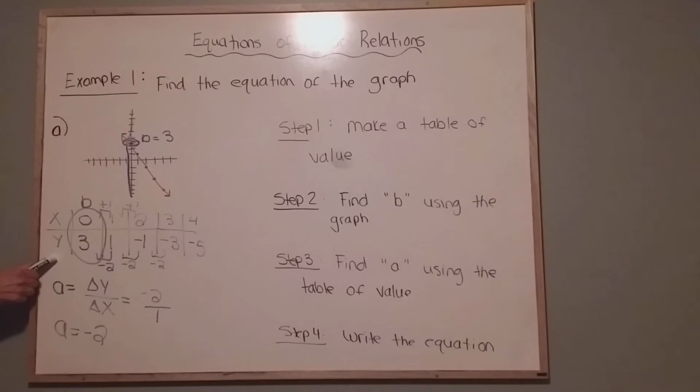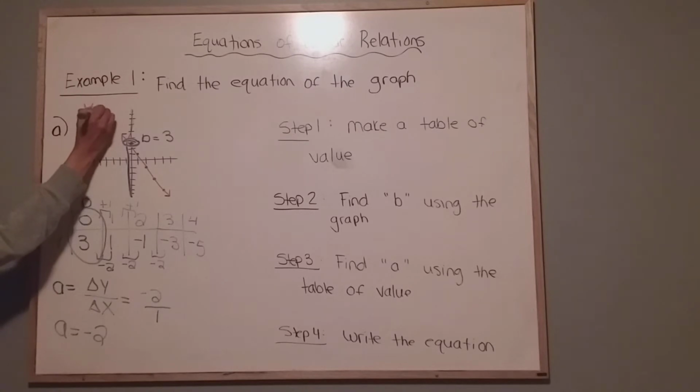So I made a table of values. I found my B and I found my A. Once you have found all those, now I can come up with my equation. Remember, when the question asks you to come up with an equation, they're asking you to find y is equal to ax plus b.